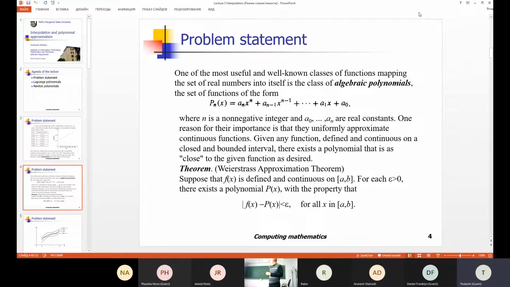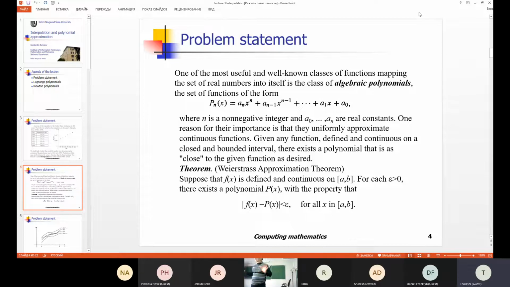Polynomials are a very important class of functions because of several good properties. First of all, a polynomial can uniformly approximate a continuous function. The explanation is as follows.